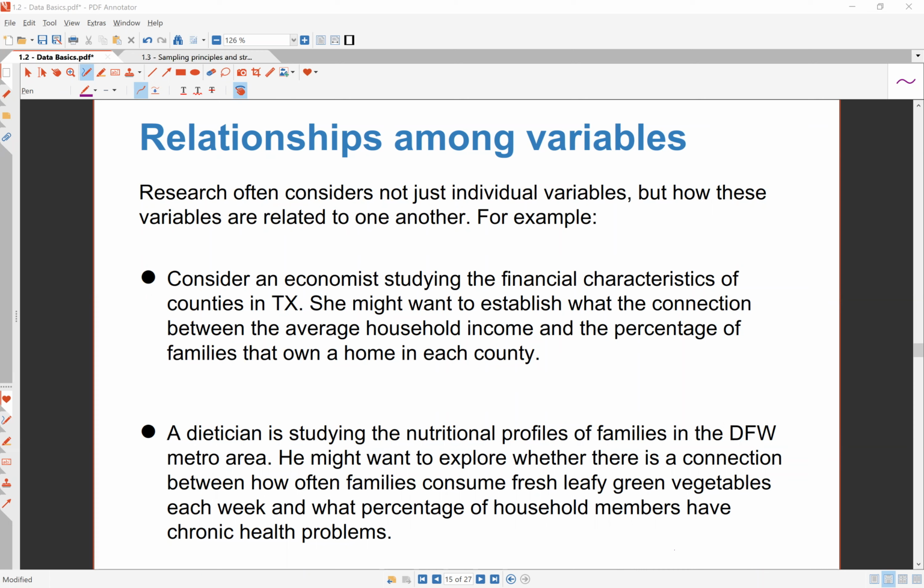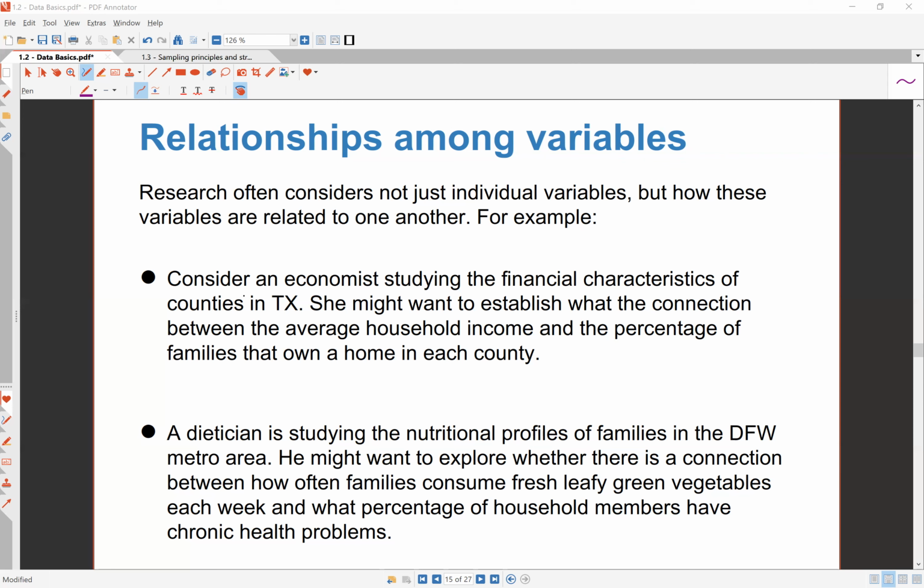So it seems reasonable that counties with a higher average income will also have a higher percentage of home ownership, right? Being able to buy a home is a function of income. And so the higher the income, the more people you would expect to see who own homes. But here are two variables: household income and percentage of home ownership in each county.